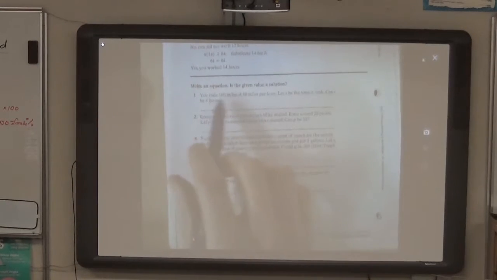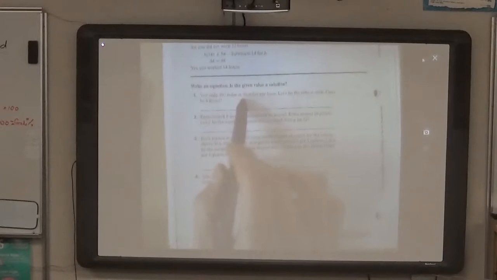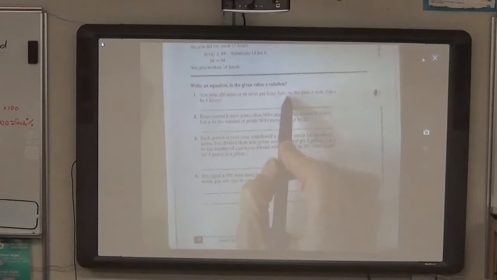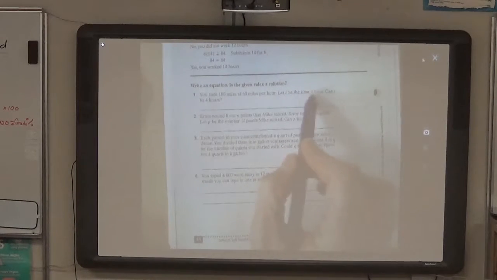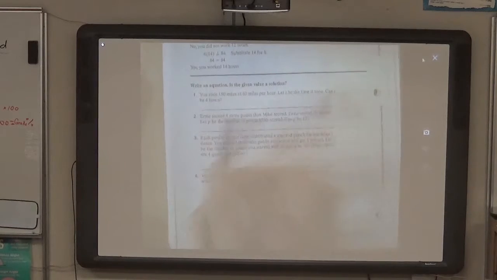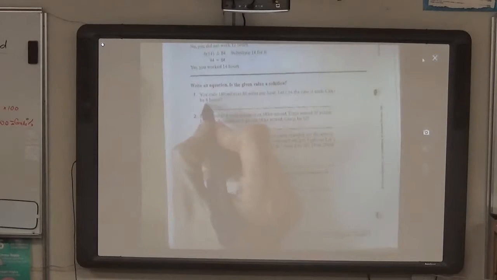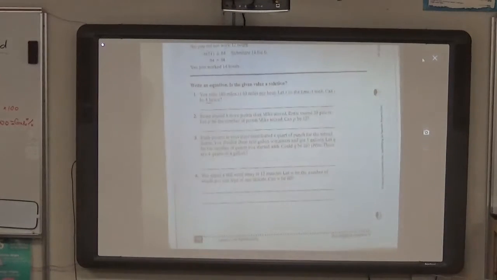You rode in a car 180 miles at 60 miles per hour. Let t be the time it took. Can t be 4 hours? So what we are supposed to do is write an equation, and then, given this value, check to see if it makes the equation true.